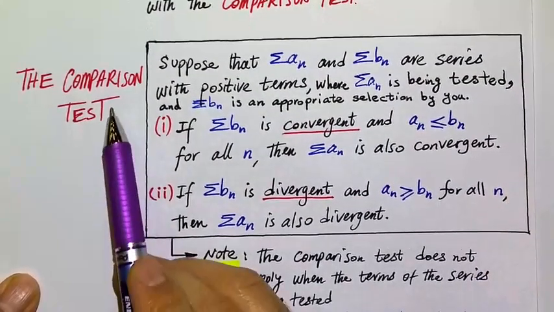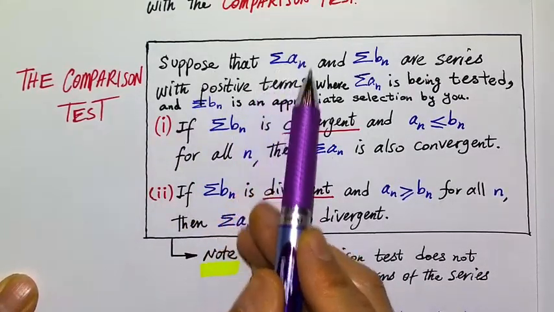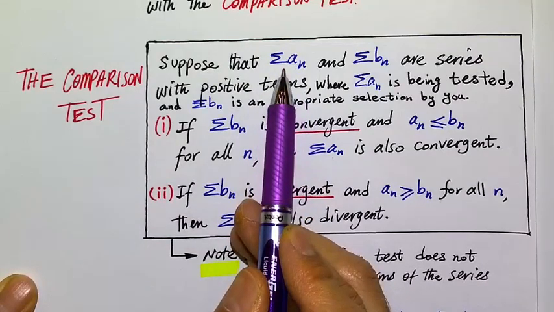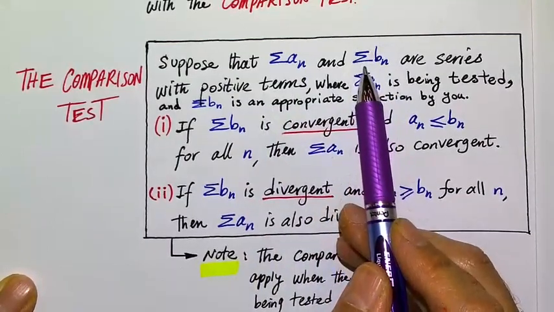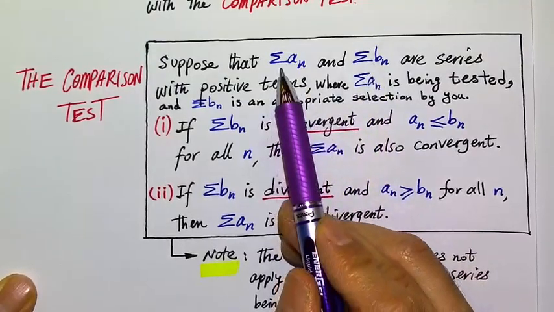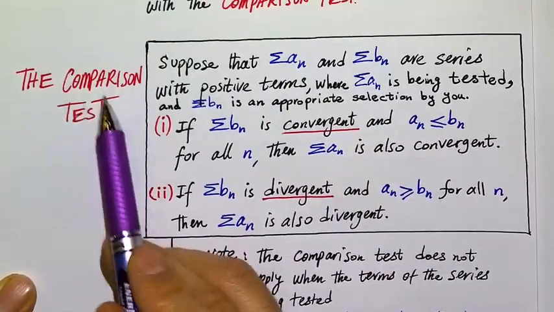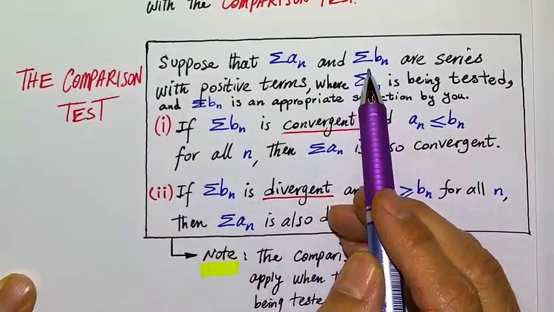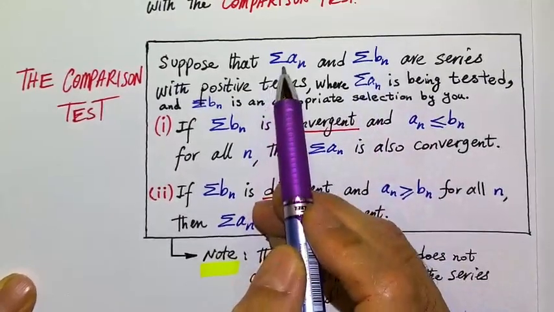So in the comparison test, suppose that you have some series a sub n, and this is the series that is being tested. And series b sub n is the series that you pick. Just looking at the name, comparison, what do you compare it to? You compare it with the series that you pick. You're selecting the series b sub n.